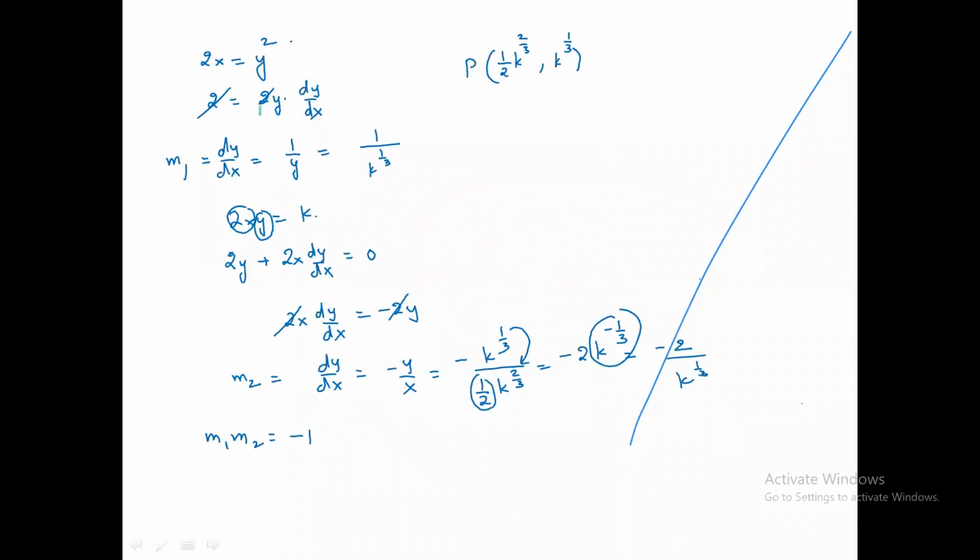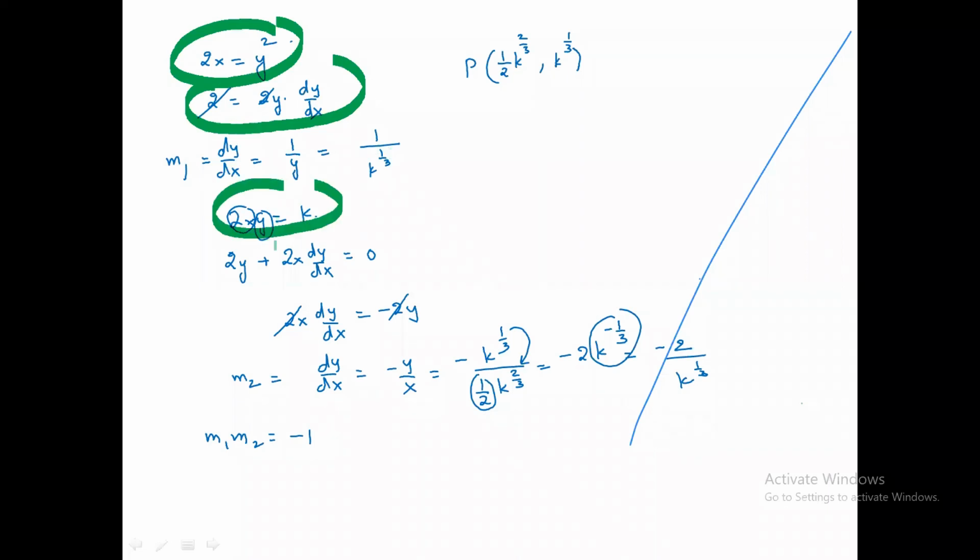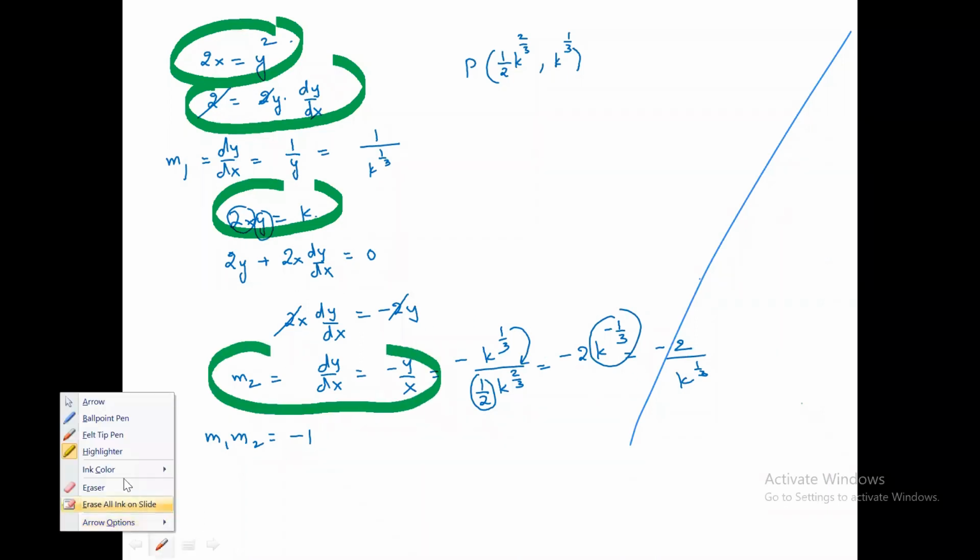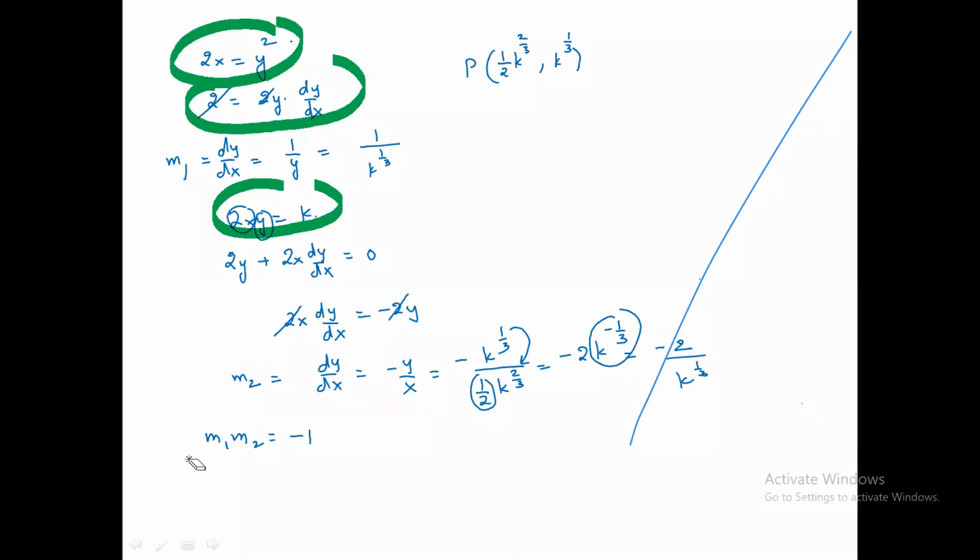In the next page also, I will not write this one again, this one again. Directly, I will write dy over dx. This step I will not write. I will find dy over dx. Sorry, this I have to erase, because I was telling you, this I will not write. I will write M2 directly.